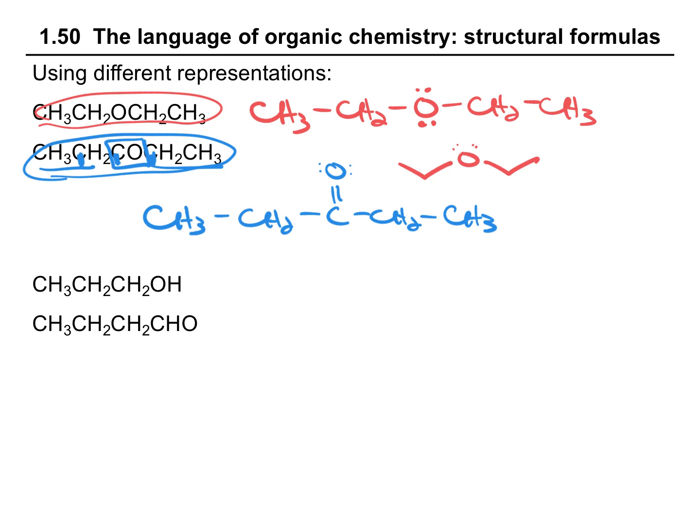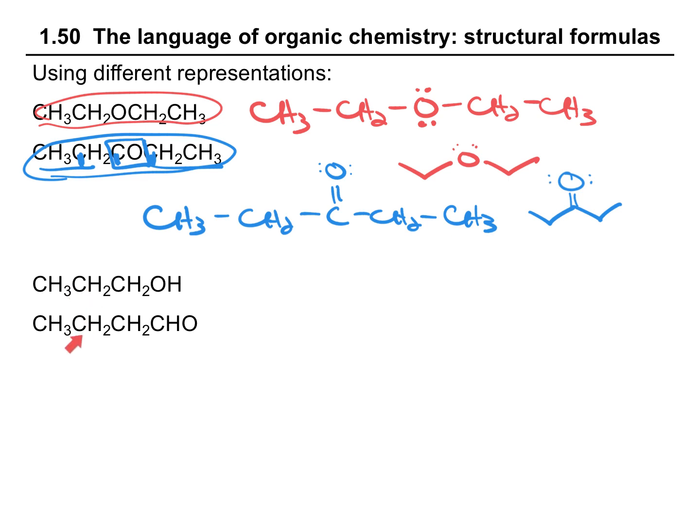So notice with a condensed formula, they kind of look similar and you might easily overlook that carbon, but if you have this type of structure, it's really easy to see the difference. And we could also write it like this if we were to use the zigzag structure.